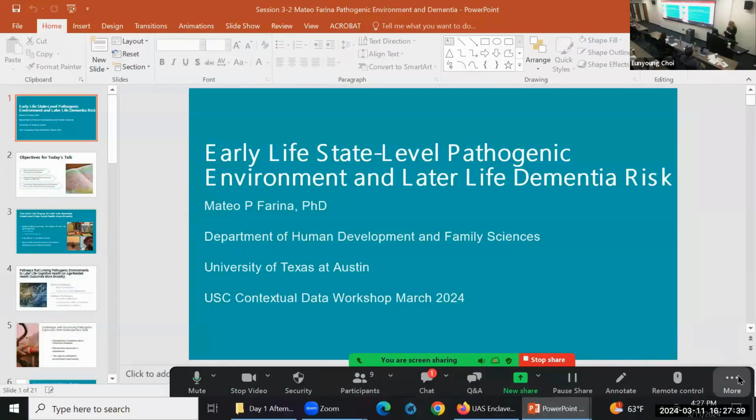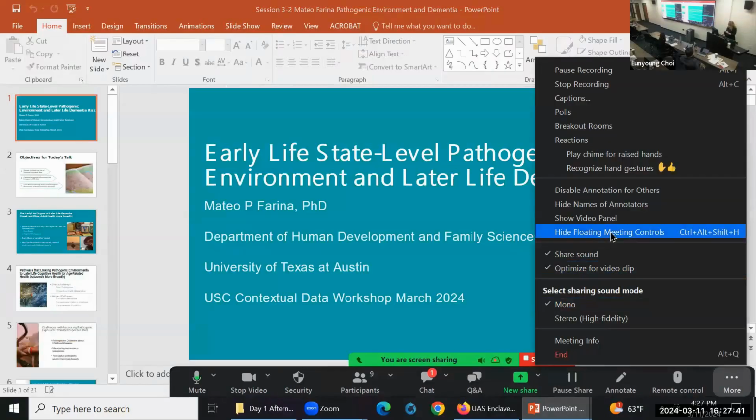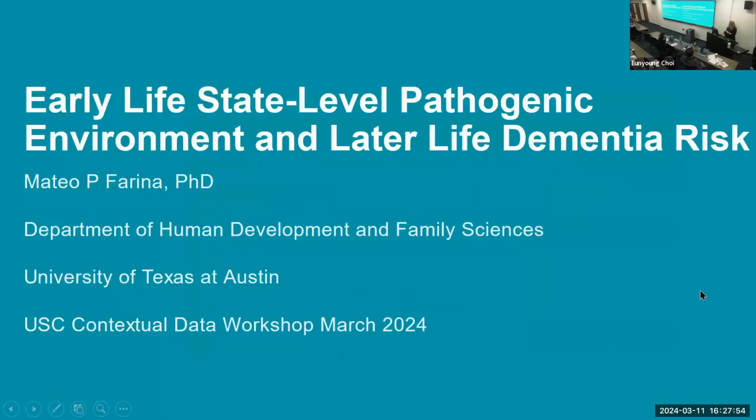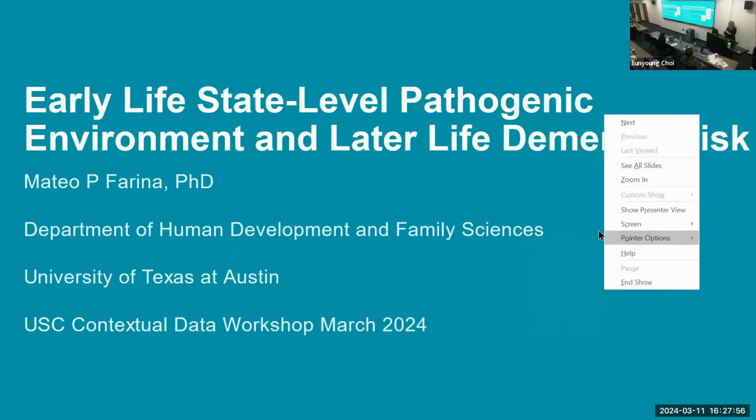Okay, so our next presentation is from Matteo Farina. Matteo is an assistant professor in human development and family studies at the University of Texas at Austin. He actually did his PhD work here with Eileen Crimmins. Prior to that, he was here as a graduate student finishing his dissertation.